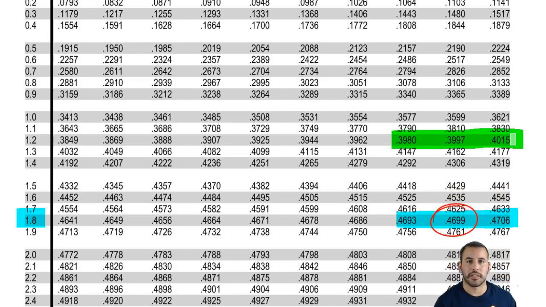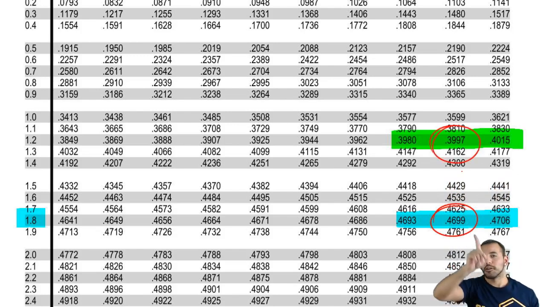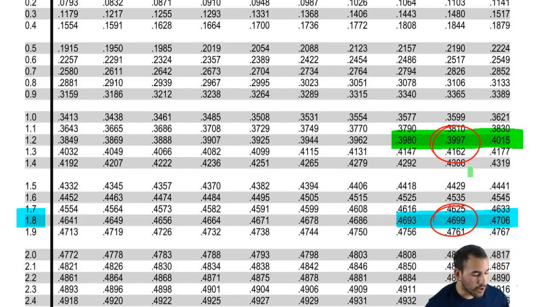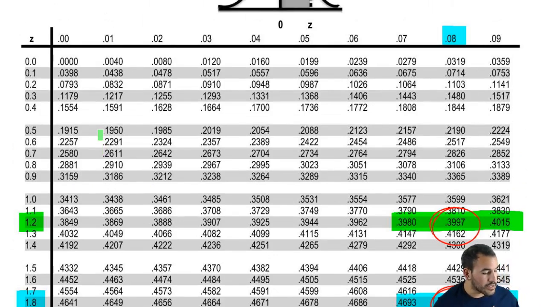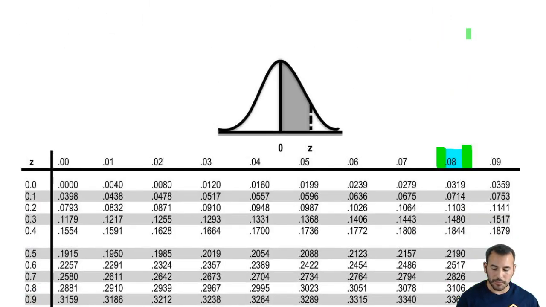So which one are we going to pick? 3997. Best. So again, we go back to the row that corresponds to it, which is 1.2, and then we go up to the column that corresponds to it, and we still get 8, right? So 1.28. Let's go back up.